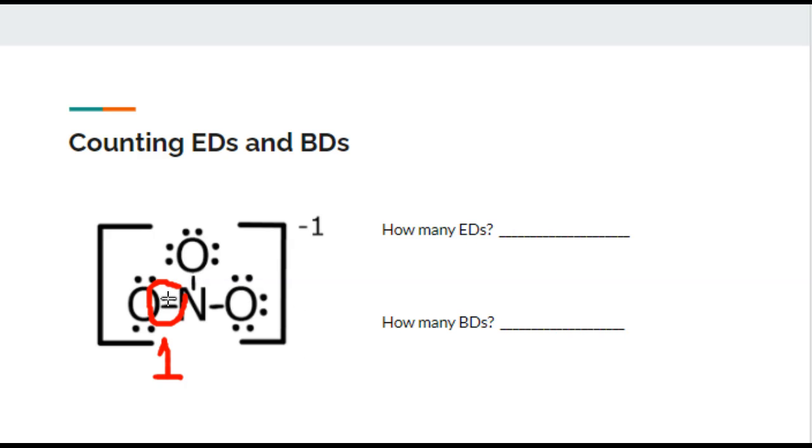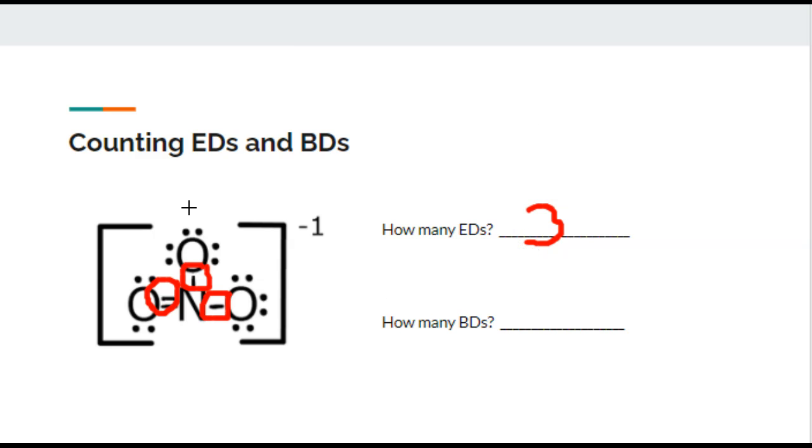So this is all one big space where there are electrons and bonds. So this has 1 electron domain, 2 electron domains, 3 electron domains. We're only looking at the central atom. So this has 3 electron domains.